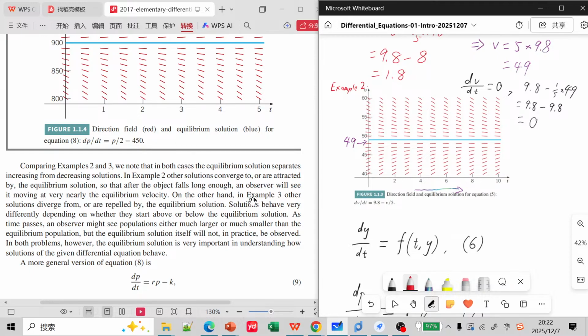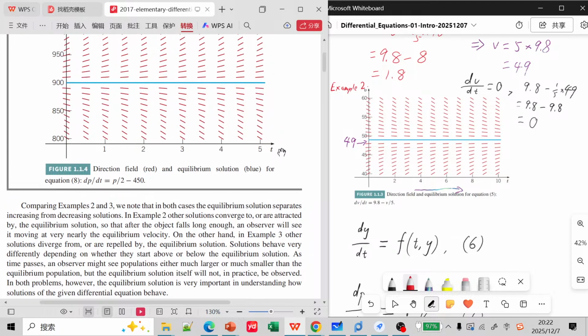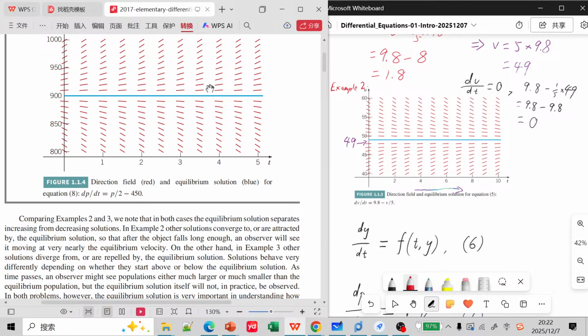On the other hand, in example 3, and this is example 3, other solutions diverge from, or are repelled by, the equilibrium solution. Solutions behave very differently depending on whether they start above or below the equilibrium solution.